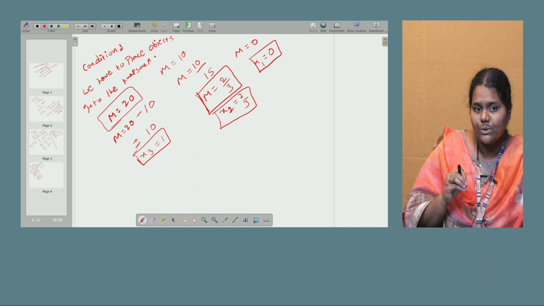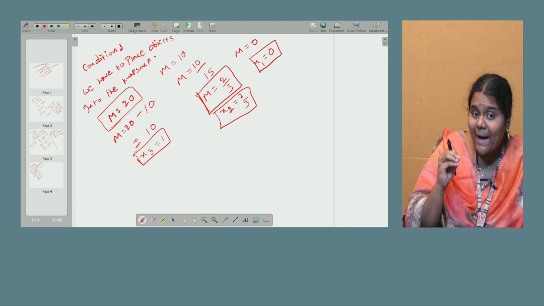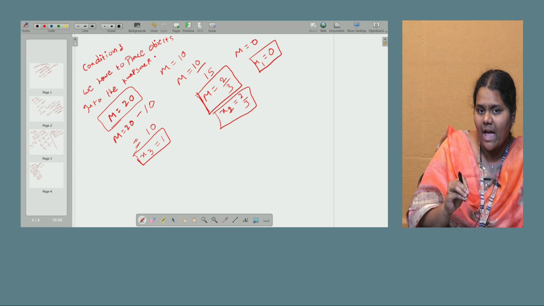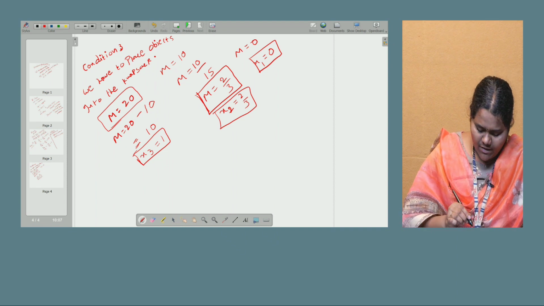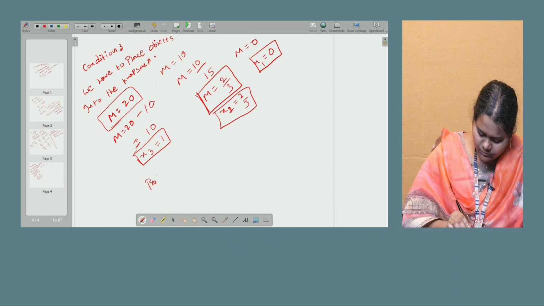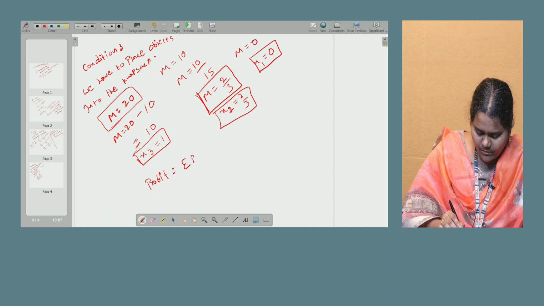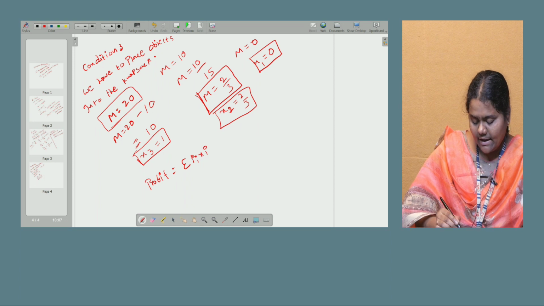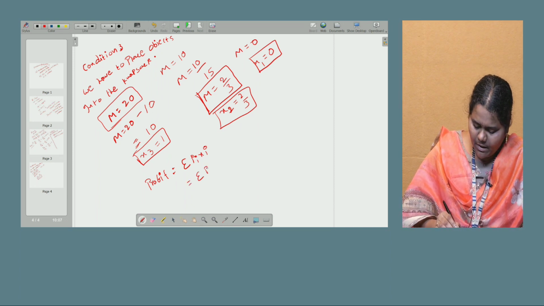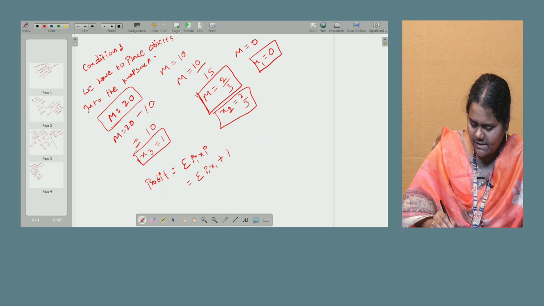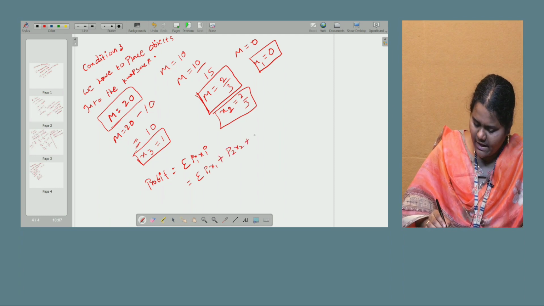Now we want to find the maximum profit of the given knapsack. How can we find the profit? We have the formula sigma pi xi. Here we have 3 objects, so sigma is p1 x1 plus p2 x2 plus p3 x3.